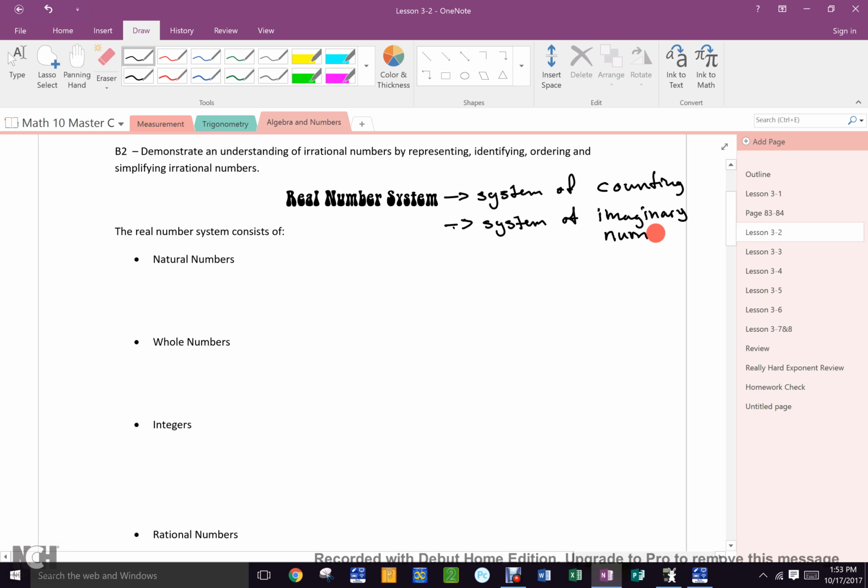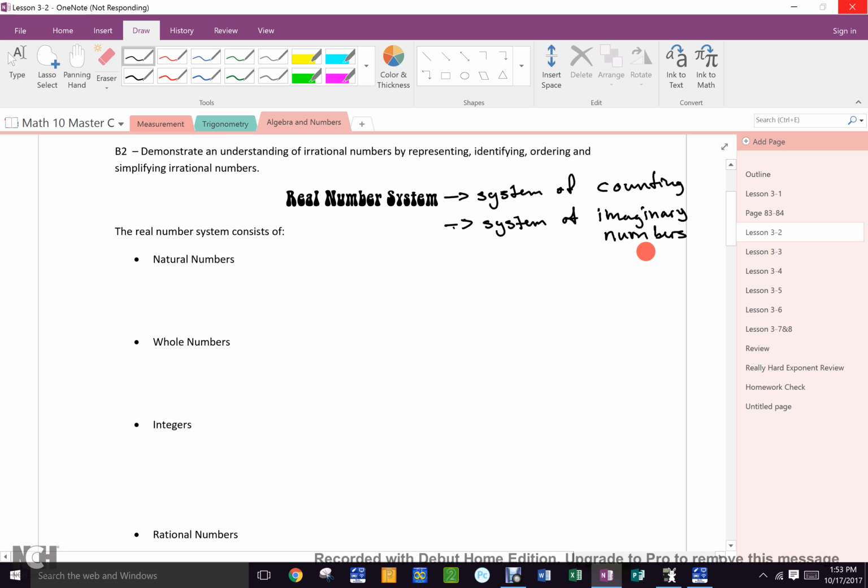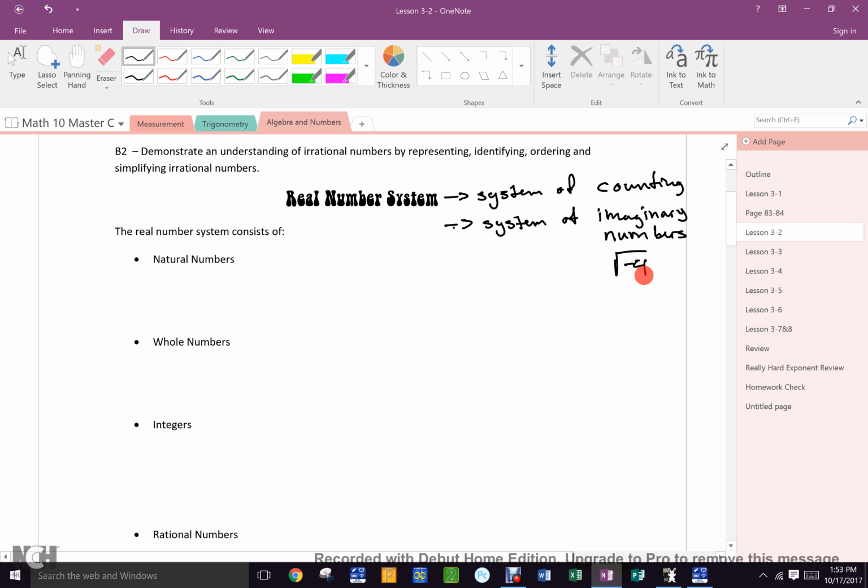The imaginary numbers are nothing that you need to concern yourself with. But they are things like this, the square root of negative 4. You have always been taught that it doesn't exist. It doesn't. But in order to do very high-level math, mathematicians have invented this system of imaginary numbers.